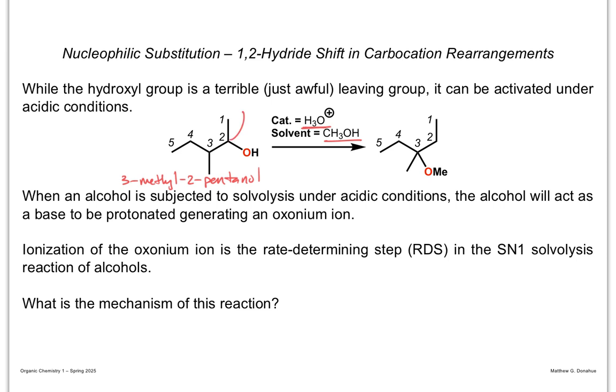So it's located at position 2. And then where do you notice in the product where the solvent is bonded? So carbon 3. So how do we explain that? The leaving group is leaving from carbon 2, but the substitution is occurring at carbon 3.